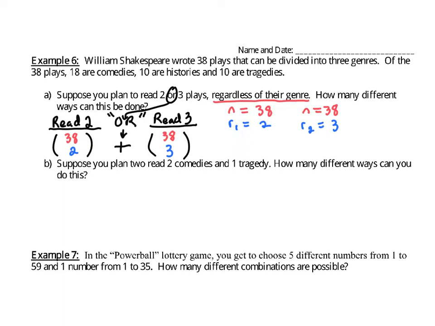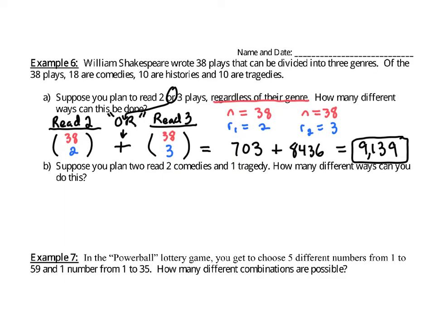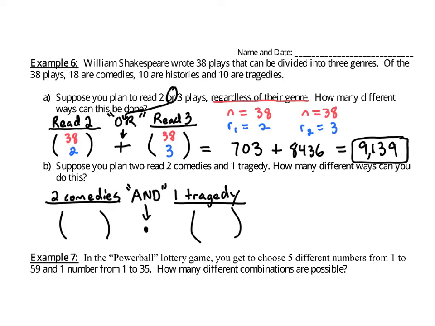We will not multiply these together, we will add them because of that word. So I will use my calculator and figure out what both of these combination values are and add them together, and we are finished. So when calculating and adding those two combination values together, we end up with 9,139 possible ways you could do this.